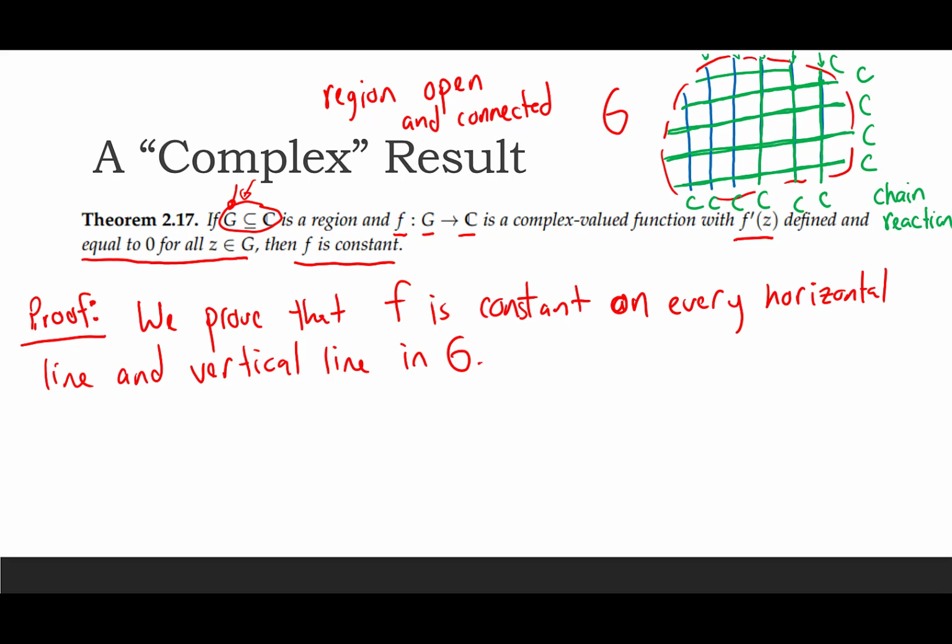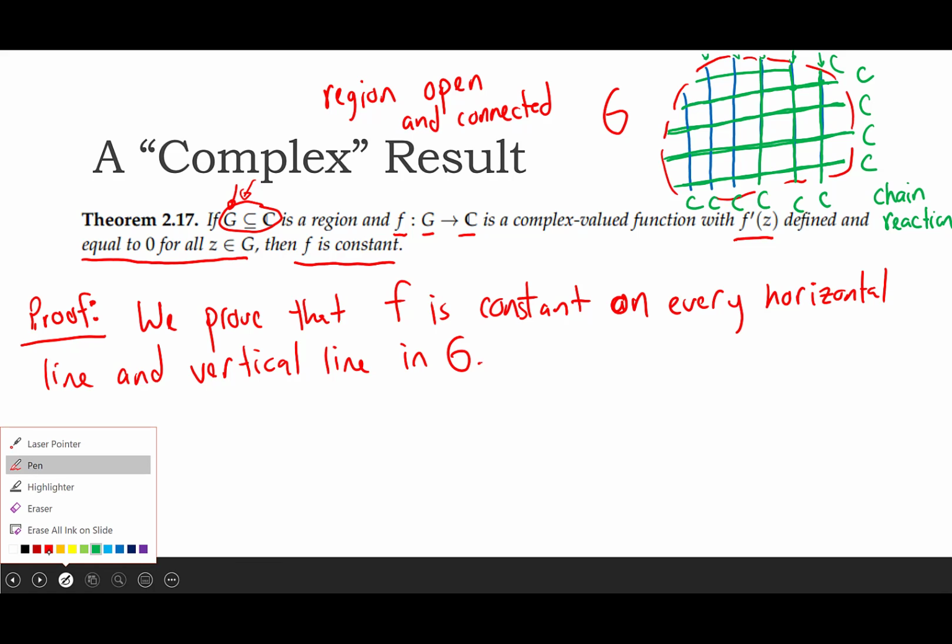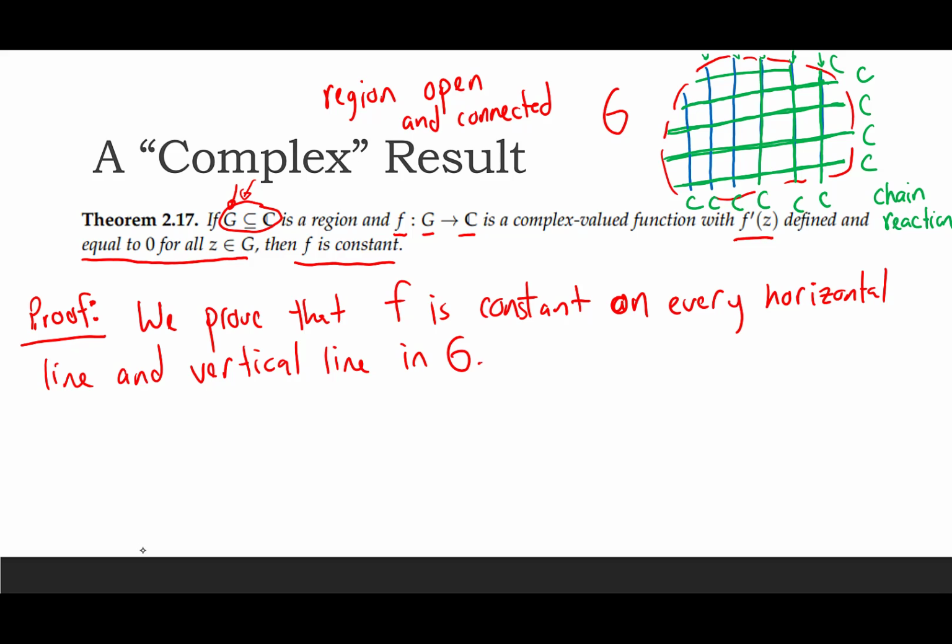All right, so how do we actually do this, though? Enough talk, now math. I'm going to do this in purple. Let's go ahead and do horizontal lines first. So let H be some horizontal line in G. Maybe this is our horizontal line right here, and this is, by the way, G, our domain.